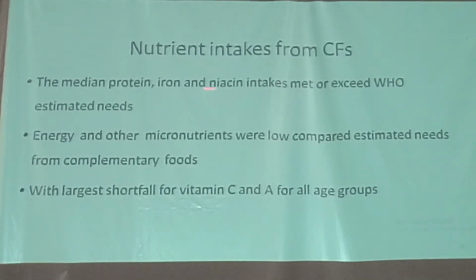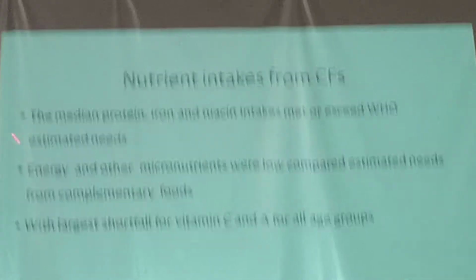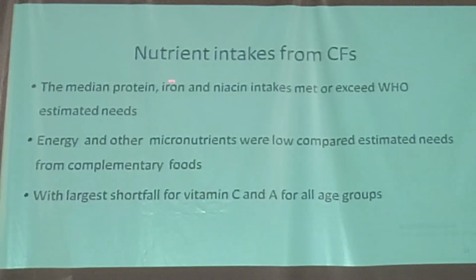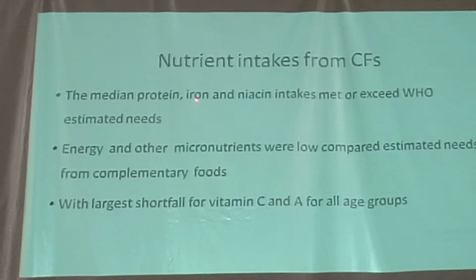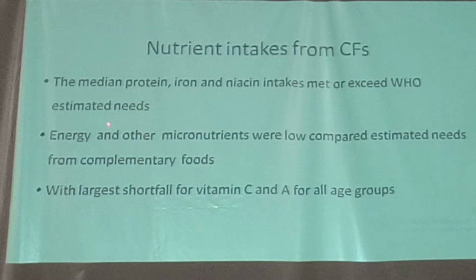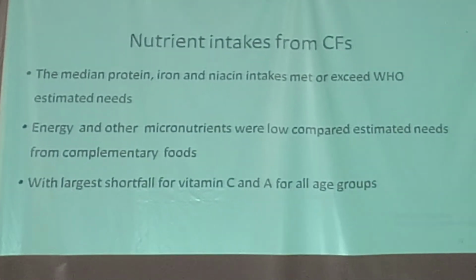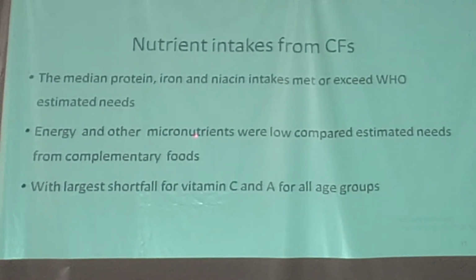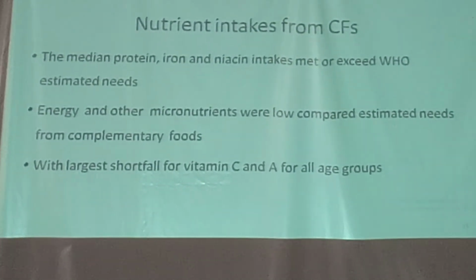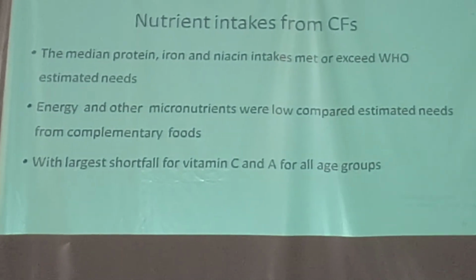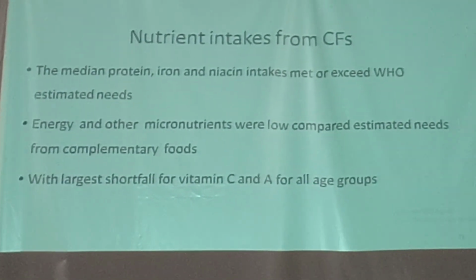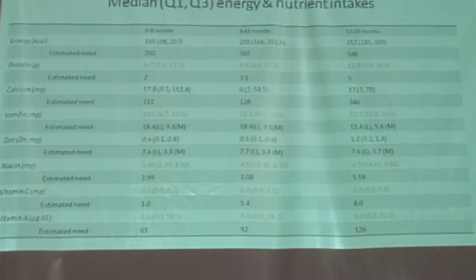When we come to the nutrient index from complementary foods, the median protein index for the adults was considered at median bioavailability, and the index met or exceeded WHO estimated needs, whereas energy and other micronutrients were below the estimated needs from complementary foods, with the largest shortfalls for vitamin C and A for all age groups.